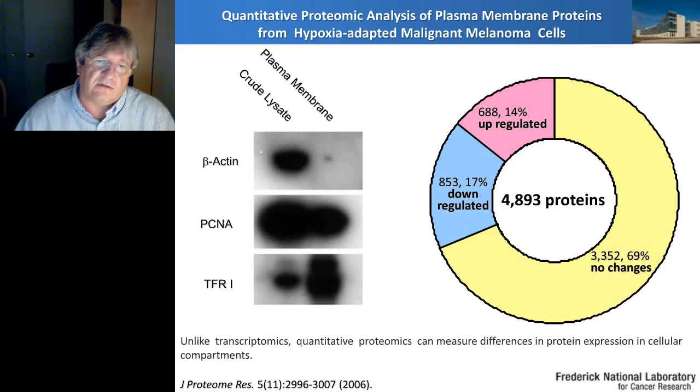So here are the westerns showing that you need to use a couple of molecules that are good biomarkers: actin for cytosol, PCNA for nucleus, and transferrin receptor for membrane. What this slide shows is that our plasma membrane preparation is devoid of actin, the PCNA is diminished, and there is an enrichment of transferrin.